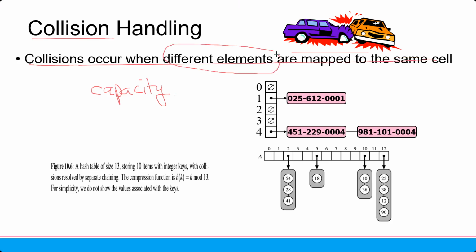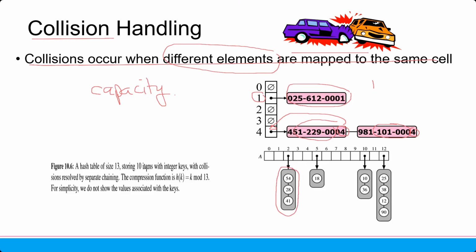If I have this number, which is only one, it is fine, and we can save it into this index. But if we have two numbers, what happens? If two numbers map to the same place and we want to put them into one storage, it means in this table we need to have another list.